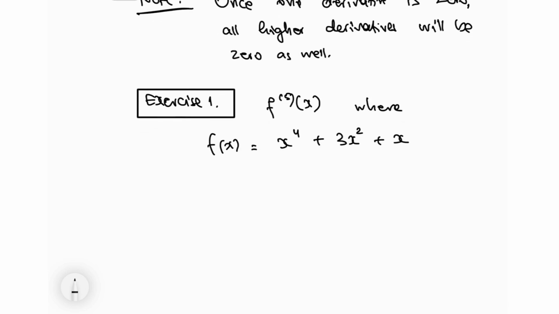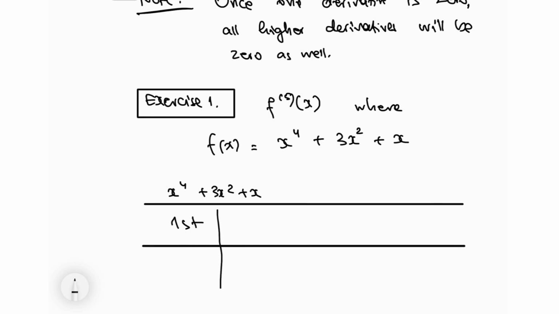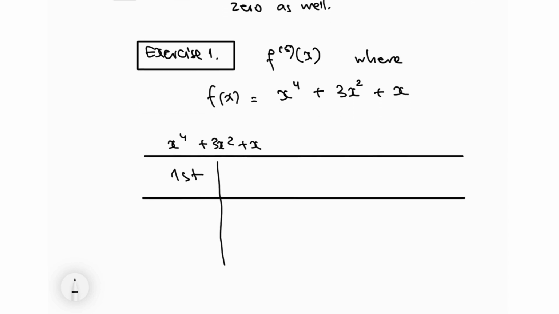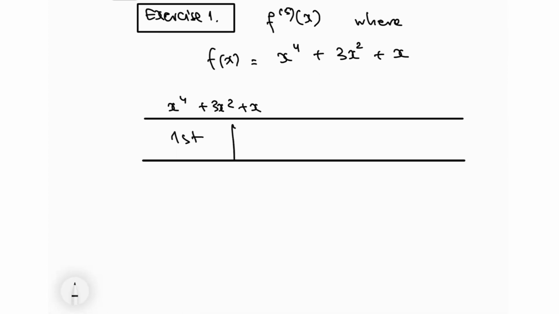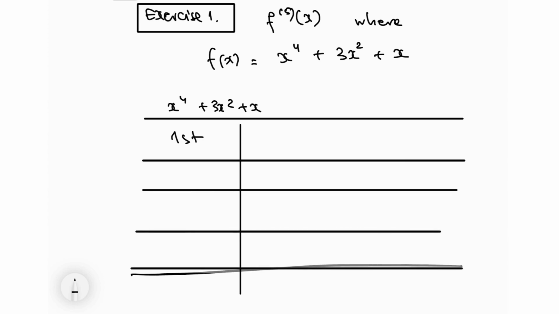First you can again make a table. You write x to the 4 plus 3x squared plus x. Then you find the first derivative, and I will just label first, second, third, fourth, fifth.